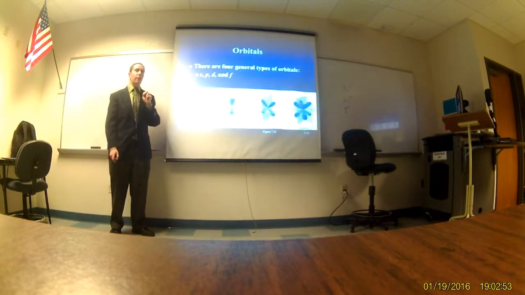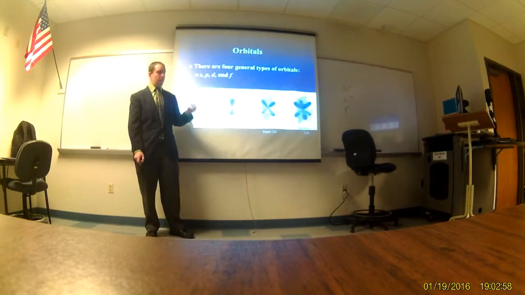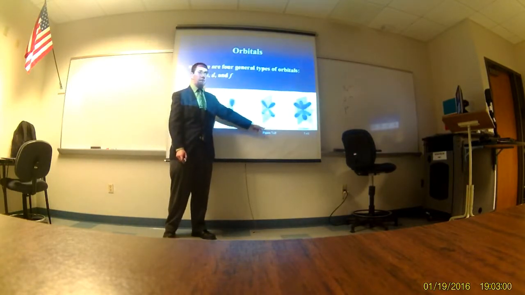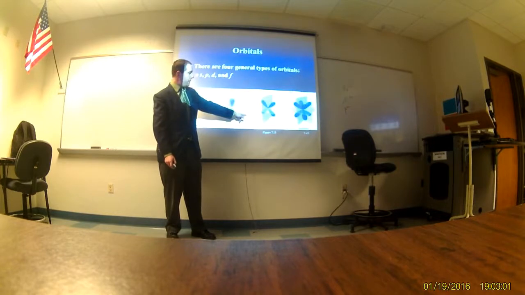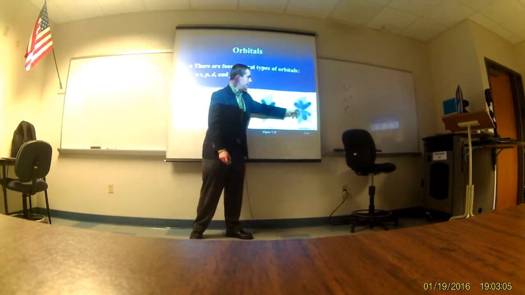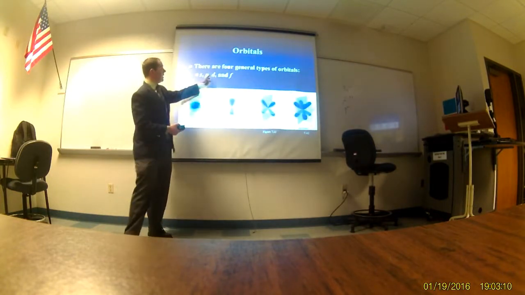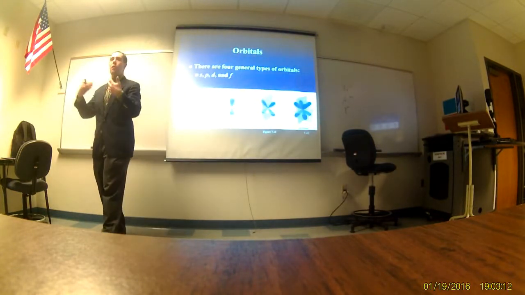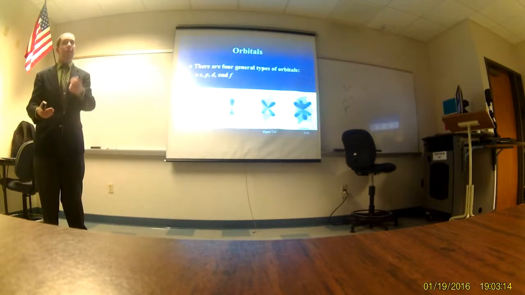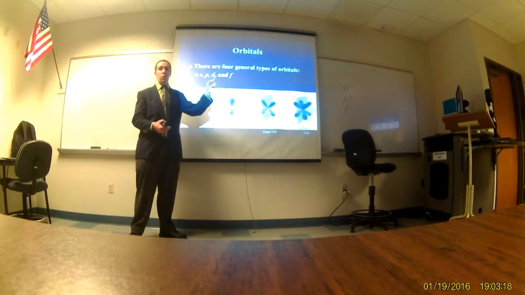If each part can hold 2 electrons, how many can a p orbital hold? 4. How about a d? 8. An f? 16. Okay? So as you go from s to p to d to f, they're going to hold more electrons. And there's going to be a whole lot easier way to figure out how much each one holds than this.